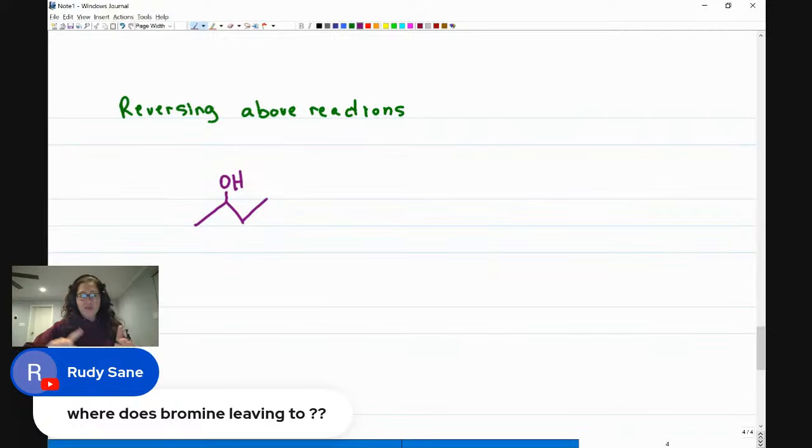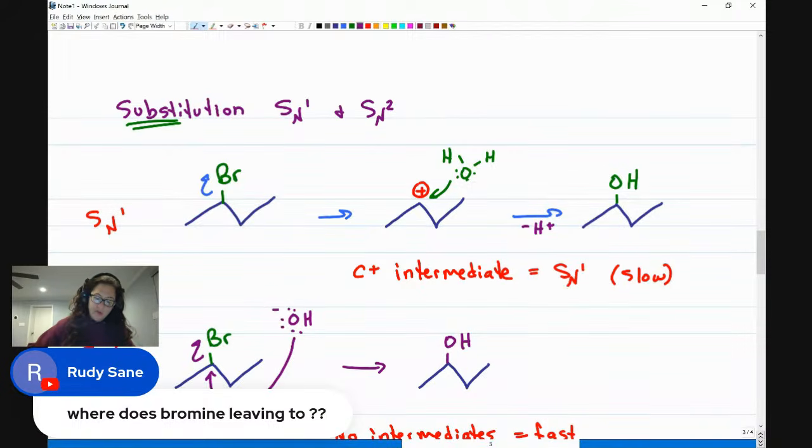And because the first one I showed you was with a halogen, how do we get that halogen back? If you look back to the reaction itself that we did before, in both situations, bromine was a good leaving group. Once it left, it was stable, it was unreactive, it didn't bother us in any way.